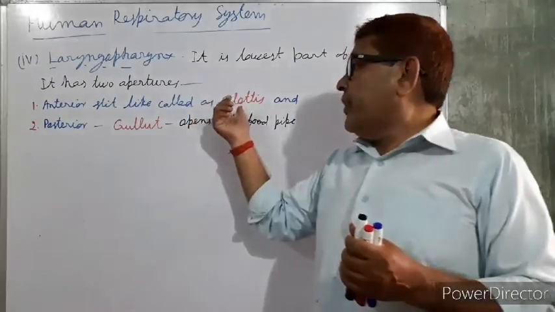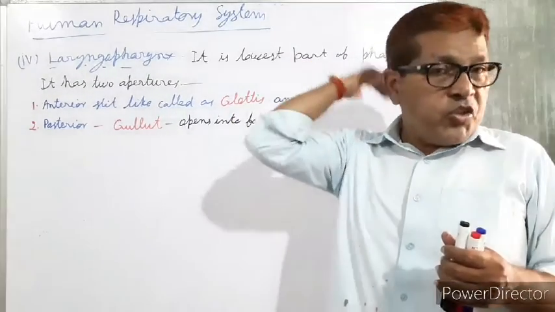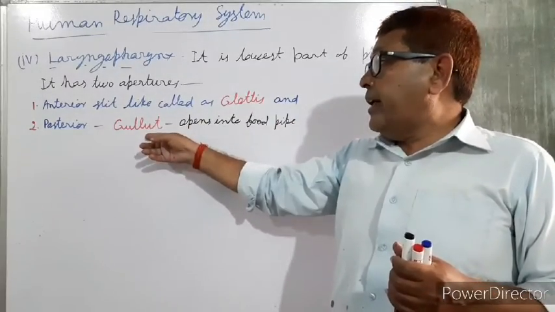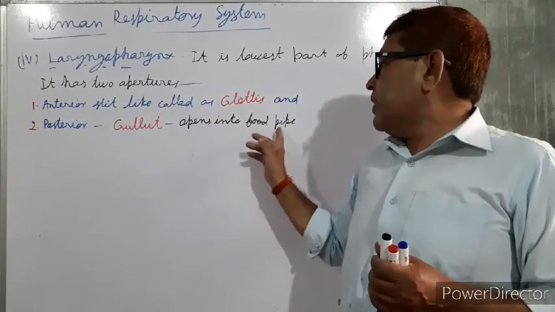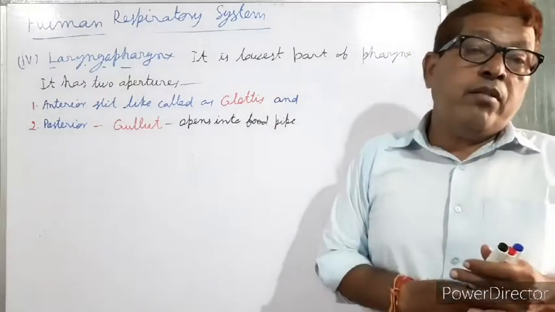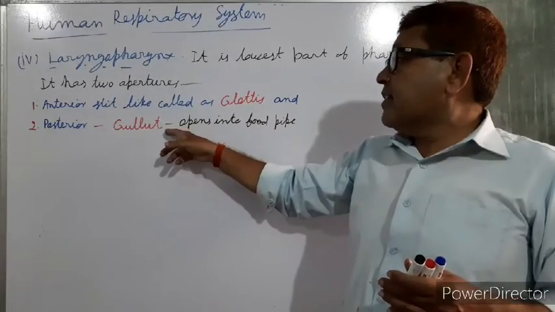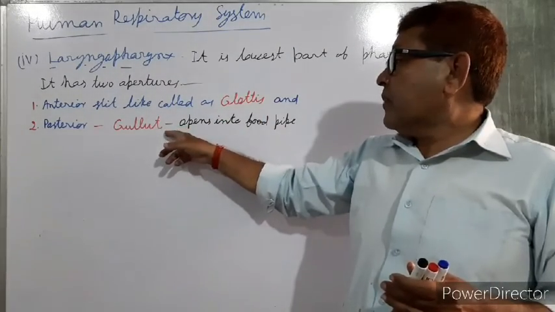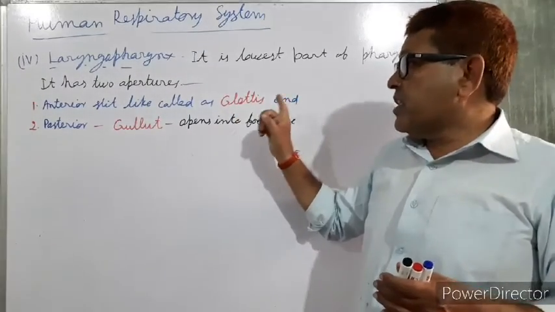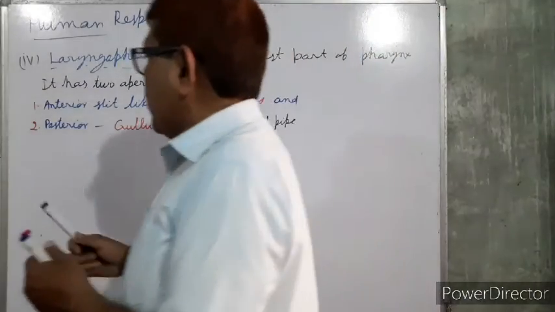One is the glottis, the anterior part, and the posterior side is the gullet. The gullet opens into the food pipe, and the glottis opens into the windpipe. So we have to discuss only the glottis.